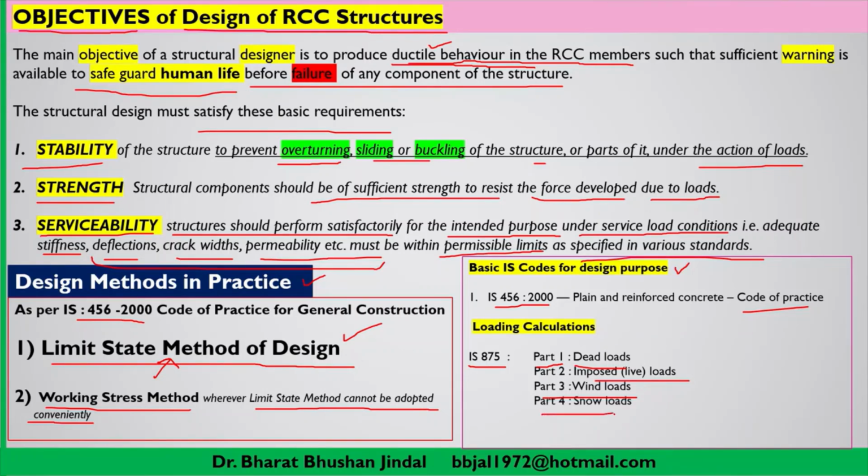Part 4 is devoted to snow load. Part 5, special loads and load combinations. Later on you will be able to understand all the details. And whenever you have to design a structure so that it should be earthquake resistant, then you have to refer to the guidelines given in IS 1893 2002.